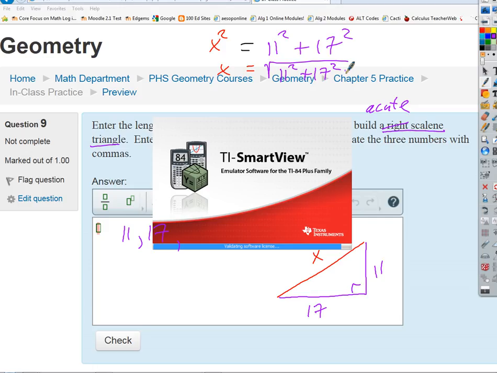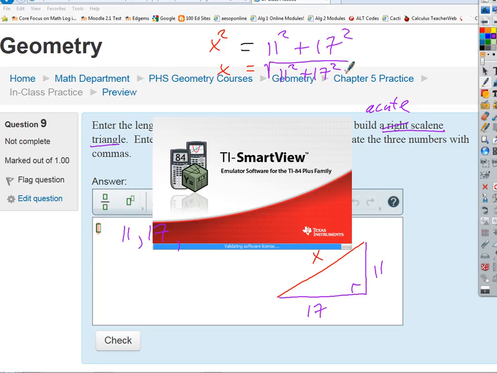Well, that's a calculator issue. No one knows what that is, but that's okay. We'll plug it in the calculator. What does that give me? 289, 121, so 410, so it's going to be about 20 point something.